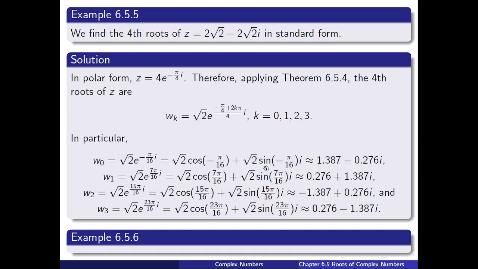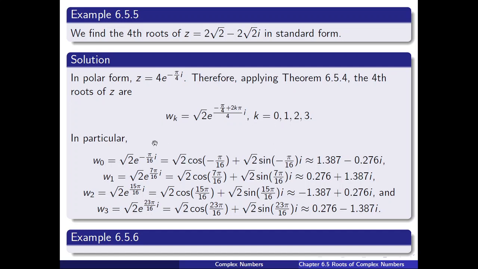So in polar form, we find the r and then the theta, and then we find that we can write z is equal to 4 e^(minus pi over 4 i). And therefore, applying 6.5.4, the fourth roots of z are going to be, and then we put the formula, root 2 is equal to all that.